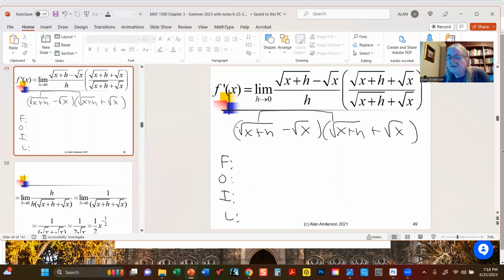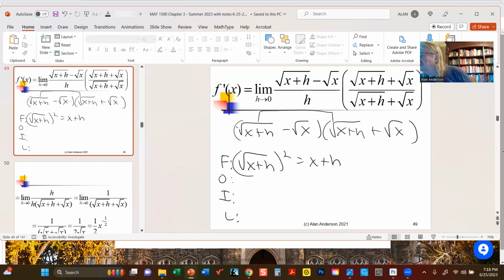Now, when I multiply these together, you can see that I've got radical x plus h squared, which is simply x plus h. Okay. O would be these two.